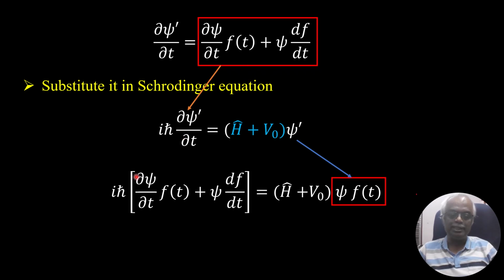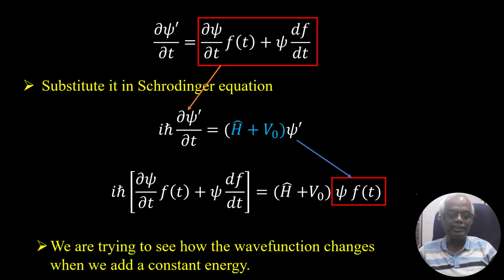You replace the same: delta psi over delta t times f of t plus psi times df over dt. I use a full derivative here because f is only a function of t. On the right-hand side, H plus V naught, I am replacing psi prime as psi times f of t.